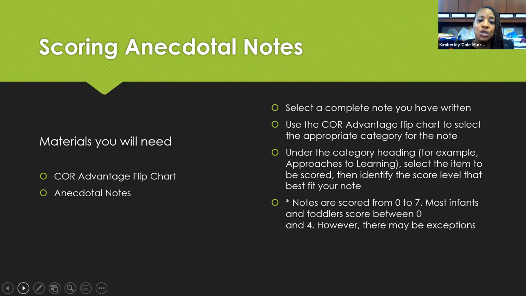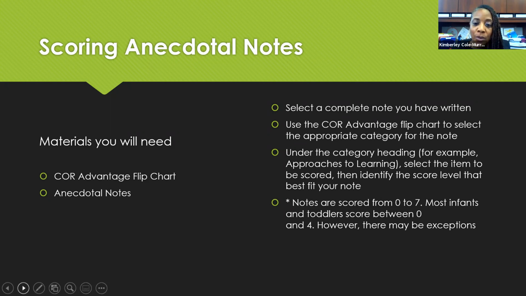So you're going to select a complete note that you have written, and you're going to use your COR flip chart to select the appropriate category for that note. Under the category heading, for example, approaches to learning, you're going to select the item to be scored, then identify the score level that best fits your note.